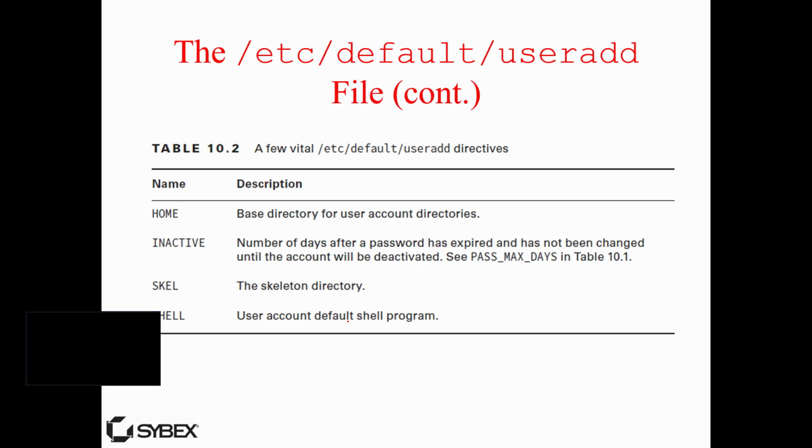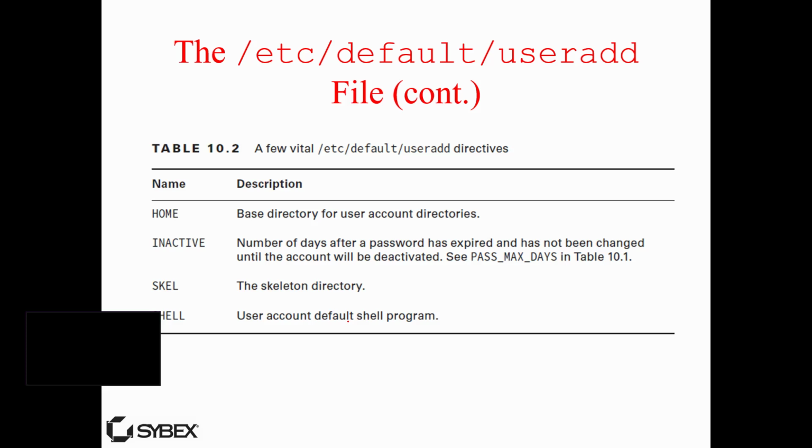Okay? And then you have inactive days. Maybe you set inactive to 10 days. So let's say the password expires. The user still has a chance within 10 days to reset their password. If the user doesn't do anything, then the account will be deactivated after these days.